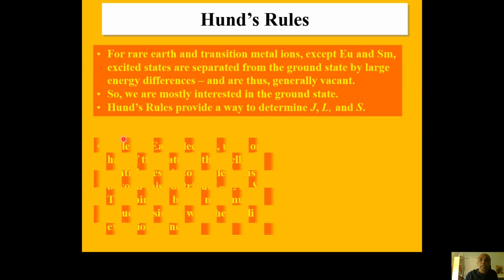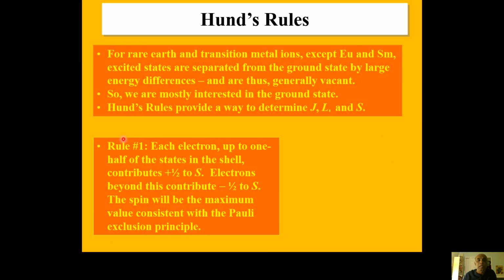from the ground state. So then, like I said, rule number 1 is each electron up to 1/2 of the states in the shell contributes +1/2 S value. Beyond that, it contributes -1/2, when they fill the down-spin ones.